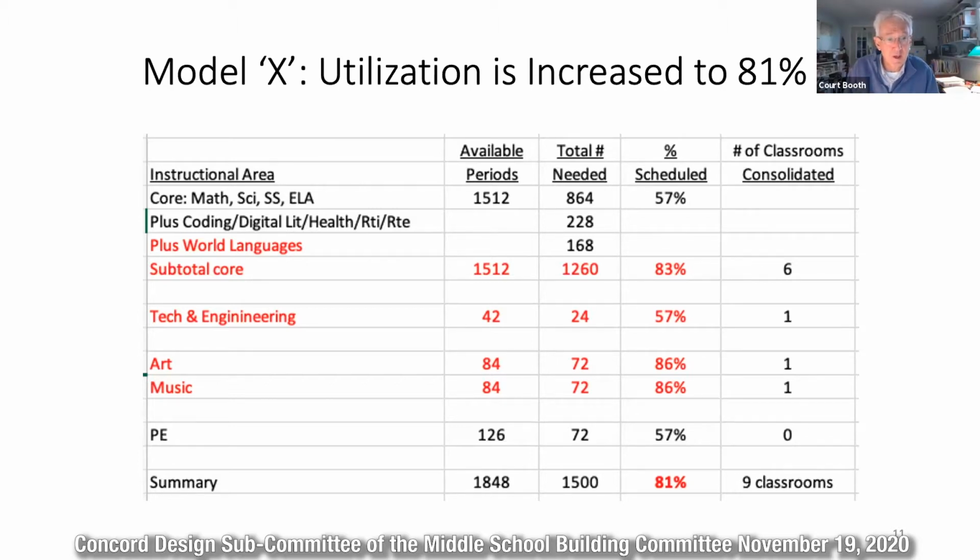That would be one move. If we were to do further sacrifices by way of tech, art, and music, I'm not proposing this, then what we would see is those utilizations go way up from those lower numbers previously, and the overall yield with those consolidations puts us at 81% at a cost of 9 classrooms, with implications for how a core is no longer the kind of core that Lori's been promoting.